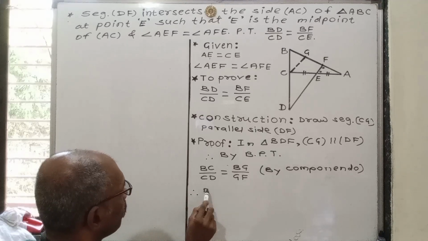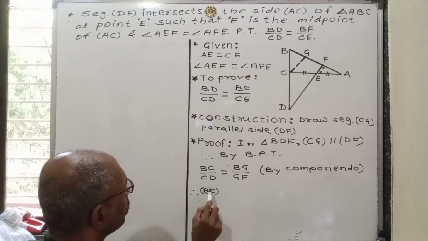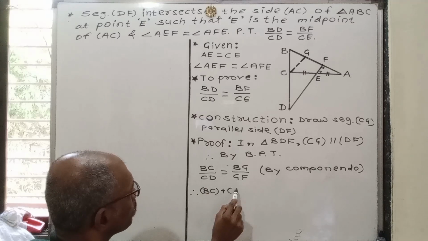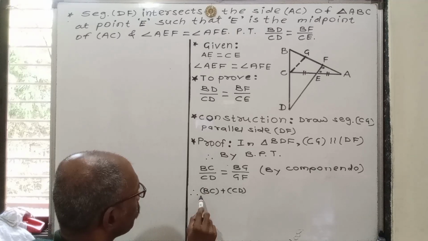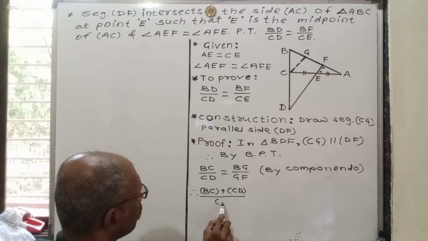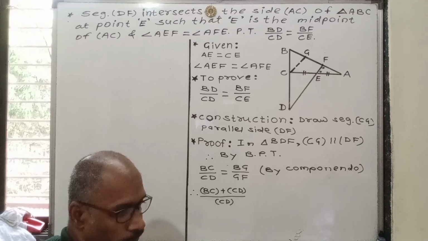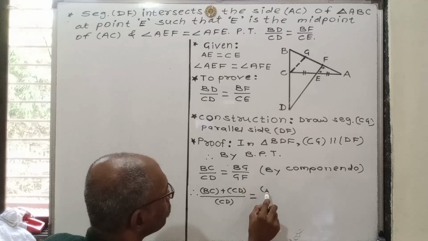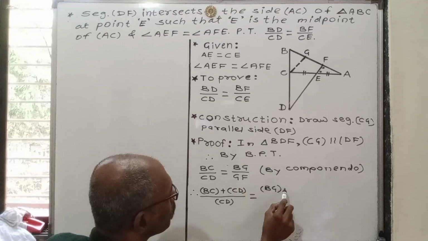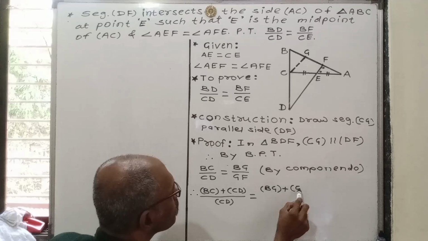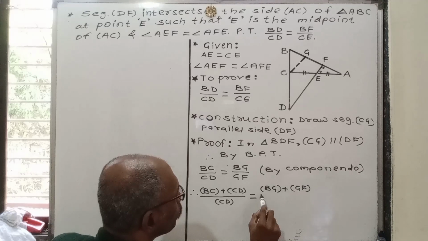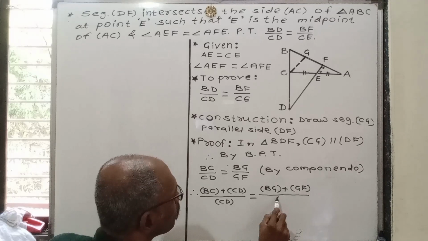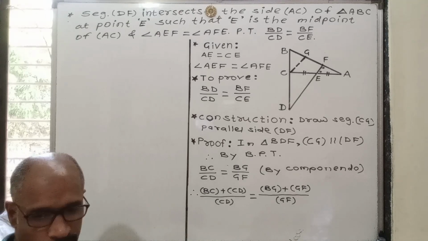Therefore, BC plus CD upon CD is equal to, same way to the right side, BG plus GF upon GF. Did you get it?